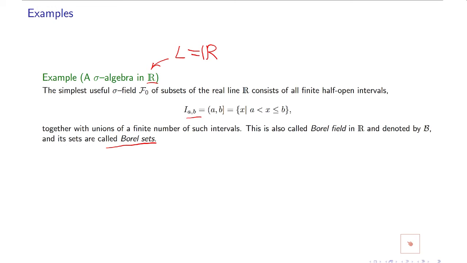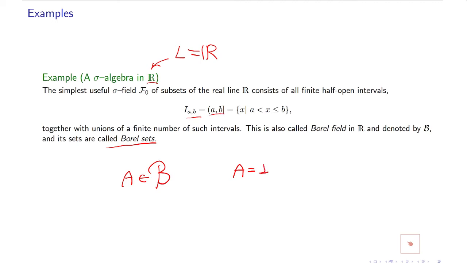Like this Borel field, its entries A, if A is inside B, we could write A in terms of a union of intervals. It is like an interval, all the real numbers between a and b.